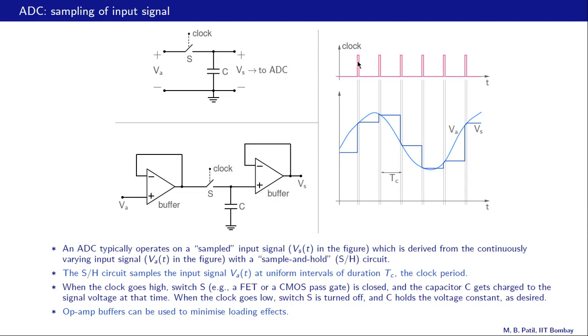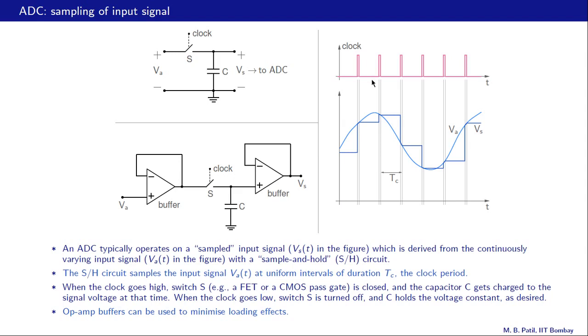When the clock is high in a short interval here, the switch closes and the capacitor gets charged to VA. Now this charging process is very fast because the switch has a very small resistance, ideally 0, and therefore the capacitor voltage, which is our sampled voltage, simply follows VA of t, and that is what we show over here.